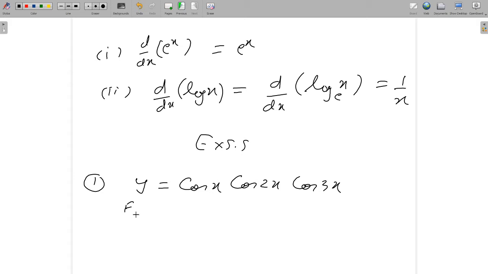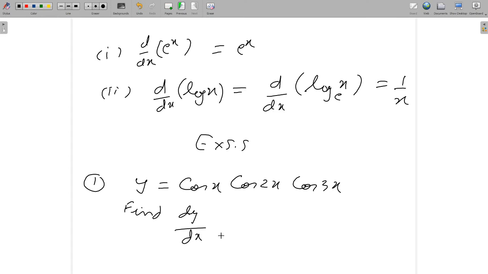Find dy by dx. It will not be given to us which method we have to apply to get the differentiation. We have to apply our own intelligence and use whatever method is right for the particular question.